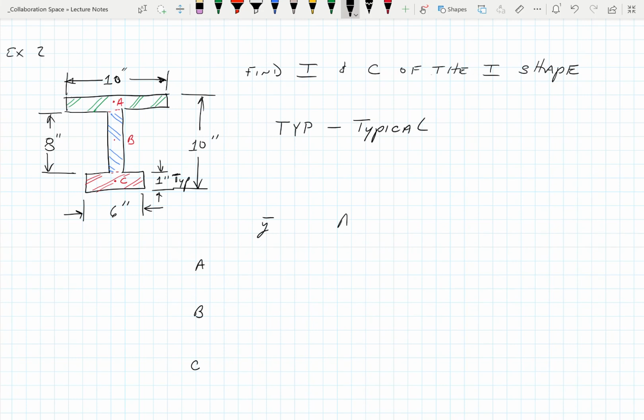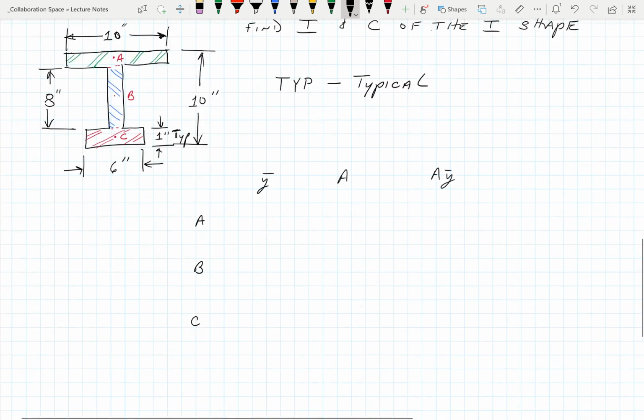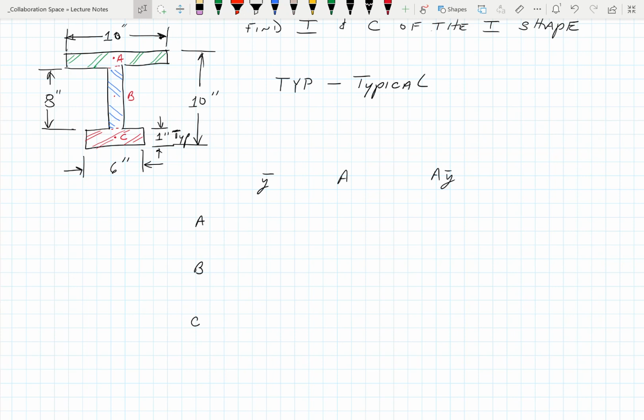Y, the area, and then the AY, area, squared, cubed. Can I look in your book real quick? I want this in some way.